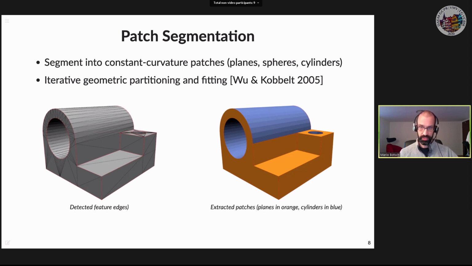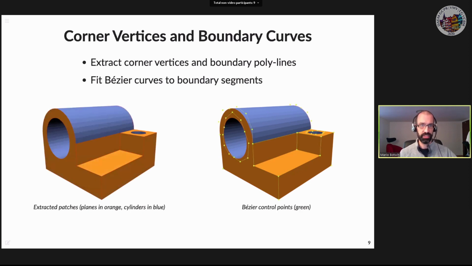So the next part, now that we have the patches, is that we extract the corners. Corners are basically vertices that are incident to three or more patches. And then we extract the boundary curves in between two corners, which is basically a sequence of edges in the mesh.